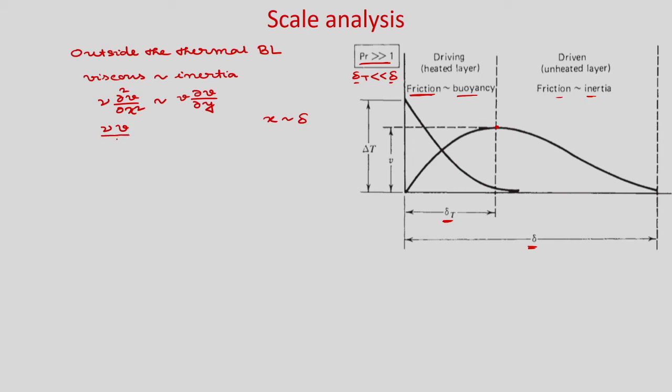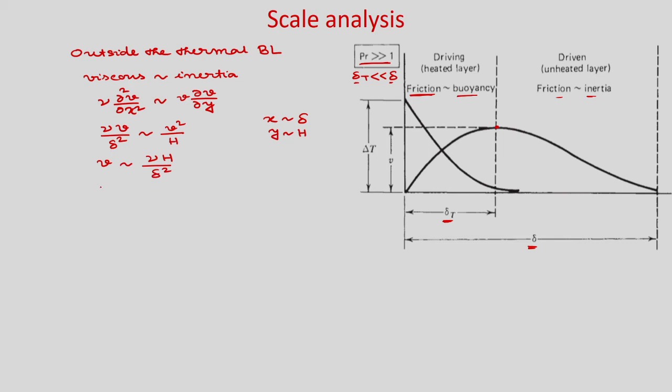So, it will be delta squared, and V squared divided by y, obviously y is of the order of h. So, from here you can see the velocity v will be of the order of nu h by delta squared.